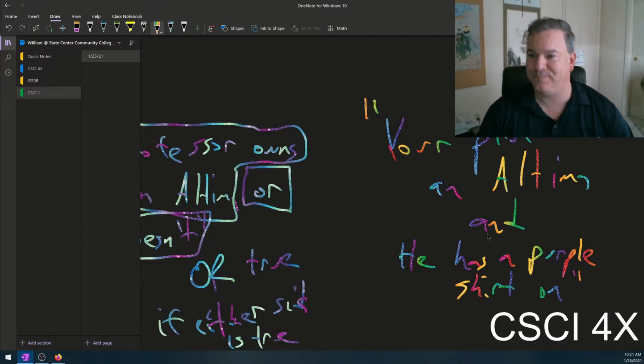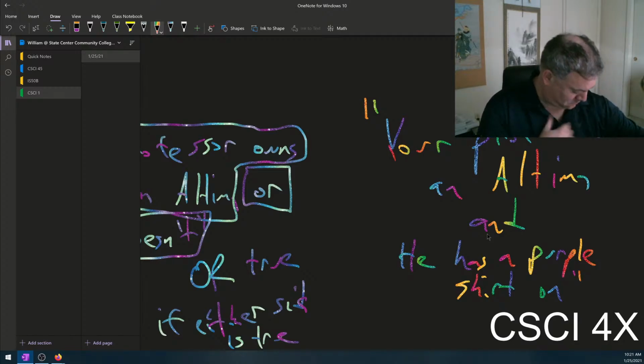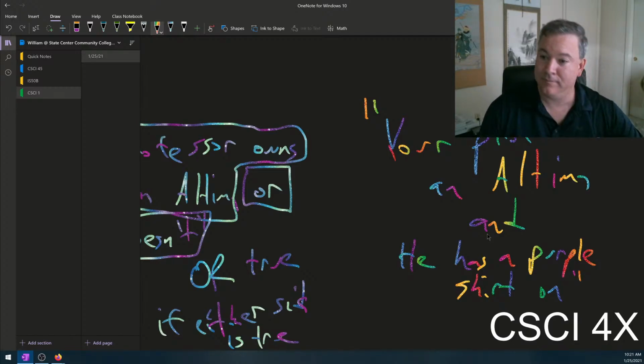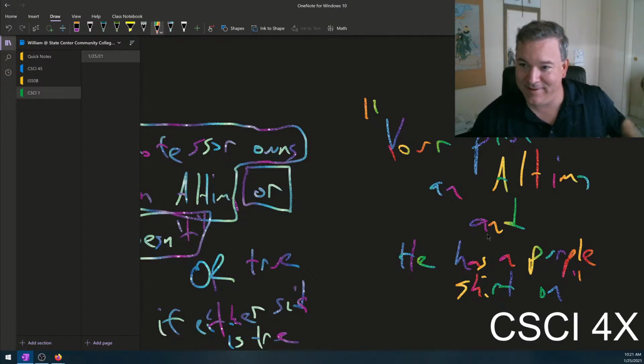What do you guys think? True or false? Your professor owns an Altima and he has a purple shirt on. Unless you're colorblind. See, here's the thing. How do you know that the camera is supplying you the correct color of this shirt?